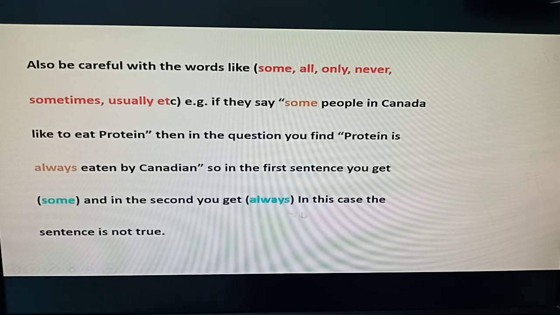So in this case the sentence is not true. Why? Of course they're talking about the people in Canada and they're talking about protein, but in the first one they say some, meaning not all of the Canadians, and here they say always. They didn't say some of them. So here they are opposites. So when the information is opposite, the answer should be not true, might be false.